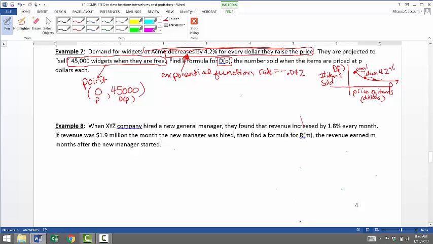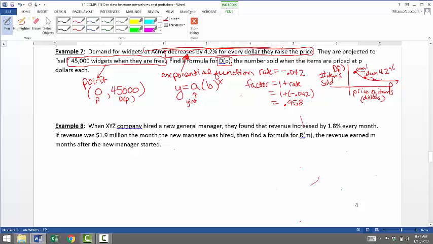And then we need to find, for the formula of an exponential function, what's called the factor. Factor equals 1 plus rate, so it's 1 plus negative 0.042, which is 0.958. And recall, an exponential function has the form y equals a times b to the x. A is your y-intercept, which we were given. That's the 45,000.